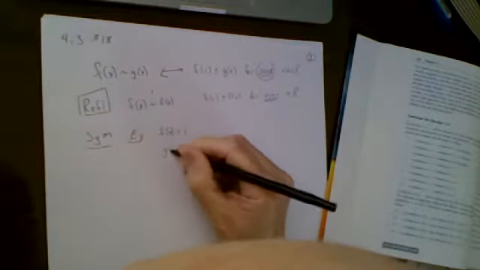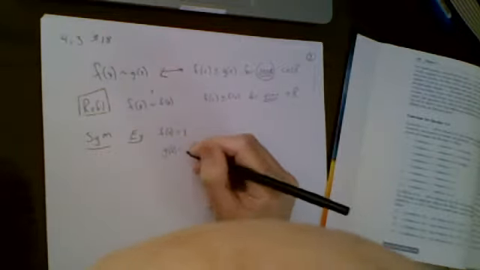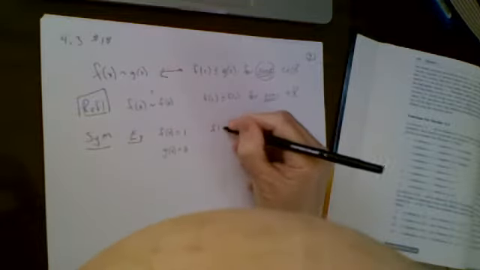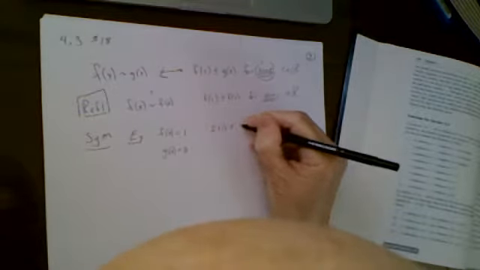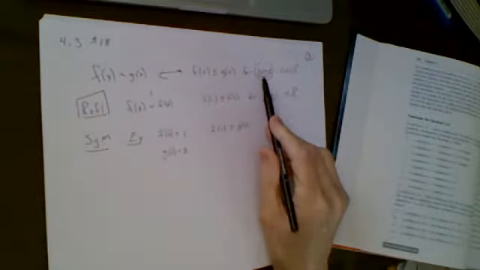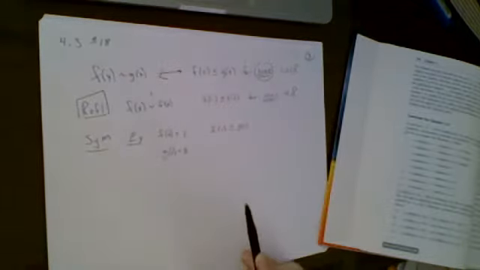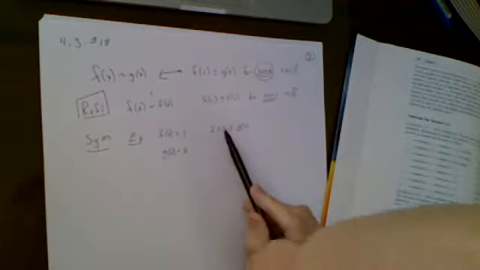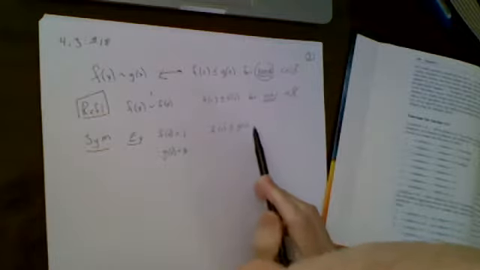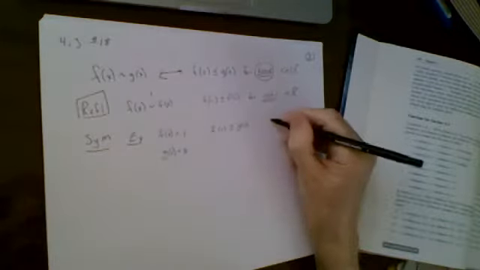Suppose f of x is the polynomial that's always equal to 1, and g of x is the polynomial which is always equal to 2. So it turns out that not only is f of c less than or equal to g of c for some real number, but f of c is less than or equal to g of c for every real number, because no matter what real number you plug in, this side gives you 1 and this side gives you 2. So in this case, f is related to g.